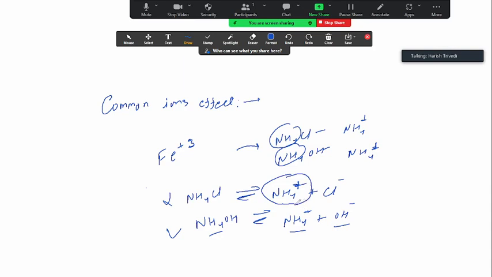So according to Le Chatelier's principle, the concentration of ammonium ion is increasing, or the concentration of product is increasing. When the concentration of product is increased, the equilibrium will shift toward the left hand side, or backward side.